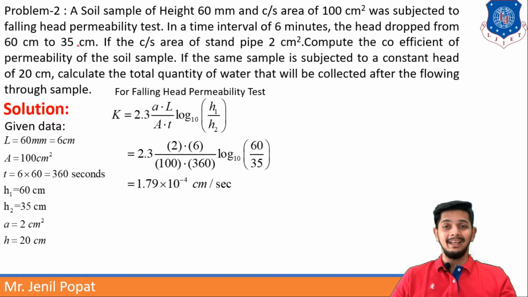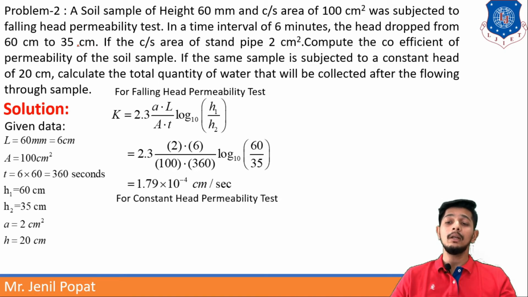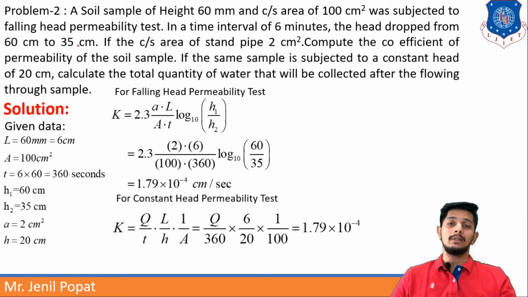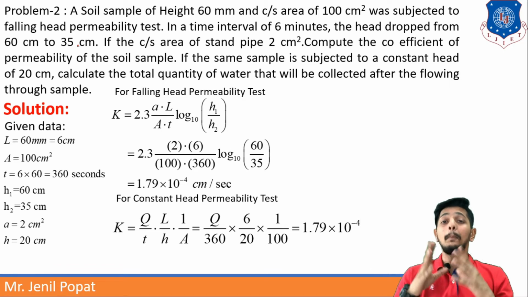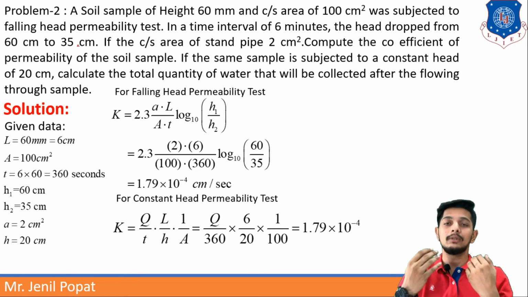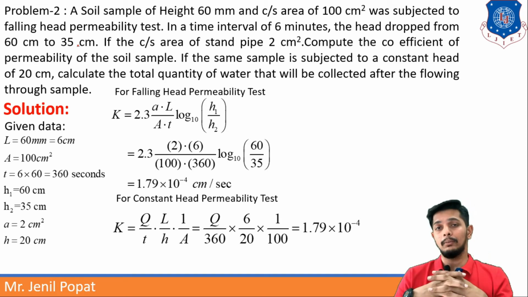Now you got K, but it is still asked to find out the quantity of water. For the quantity of water, I will use the equation for the constant head permeability test. Here I am using one simple statement, that is, the permeability of any soil should stay the same whether you are using one formula or another formula.